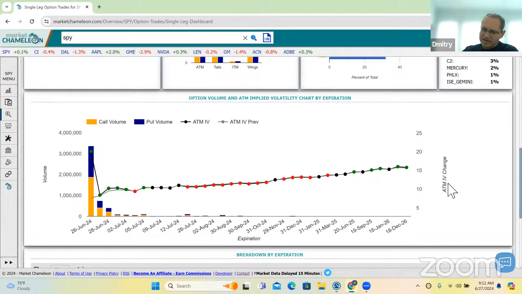You could see that that is the at-the-money implied volatility. And there are actually 2 lines there, but they're very close together. And they're almost merged. One line shows the previous day's at-the-money implied vol. There's another line that shows the most recent at-the-money implied volatility.